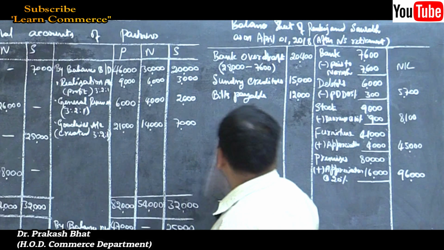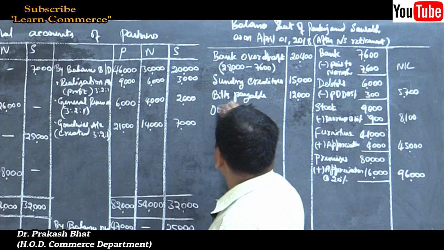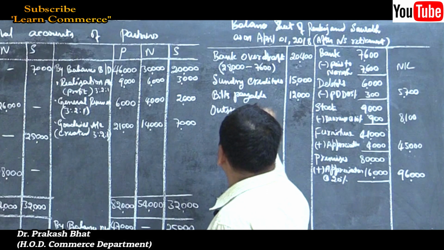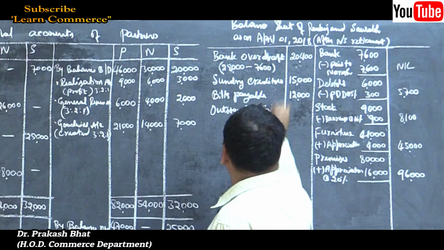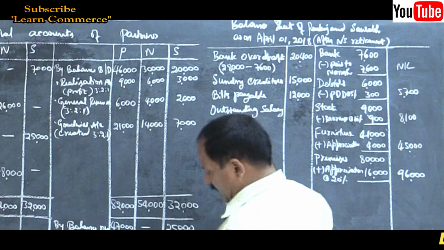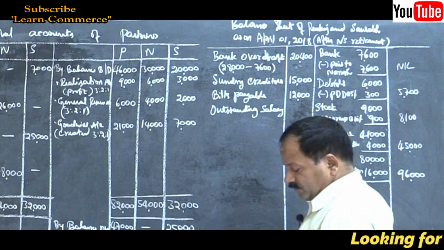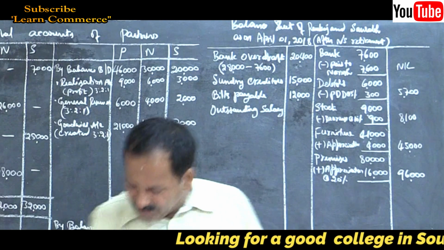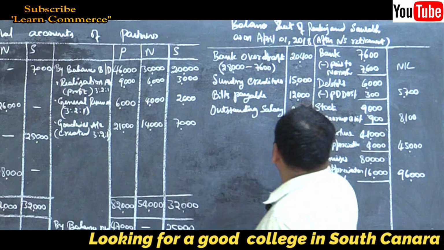Then outstanding salary. How much? 2,200, right? Outstanding salary is 2,200, no change as it is.